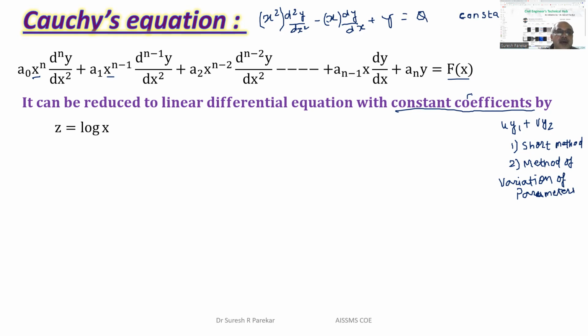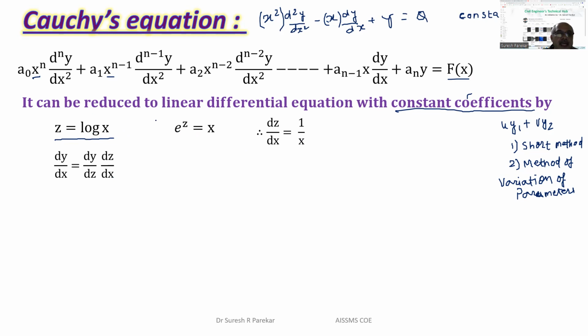So now we will assume that z is equal to log x, and then we take the anti-log on both sides, so we have e to the power z equal to x, and we will take the derivative of this with respect to x. We will get dz by dx equal to 1 by x.